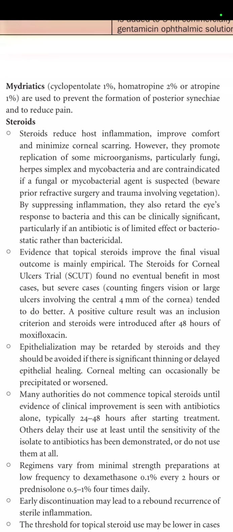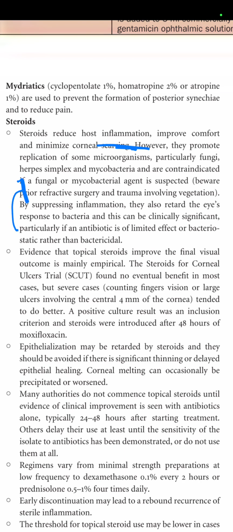However, they promote replication of some microorganisms, particularly fungi, herpes simplex, and mycobacteria, and are contraindicated if a fungal or mycobacterial agent is suspected. Beware prior refractive surgery and trauma involving vegetation. So we give it when there is high inflammation, but it replicates certain organisms, so it is contraindicated in such cases.